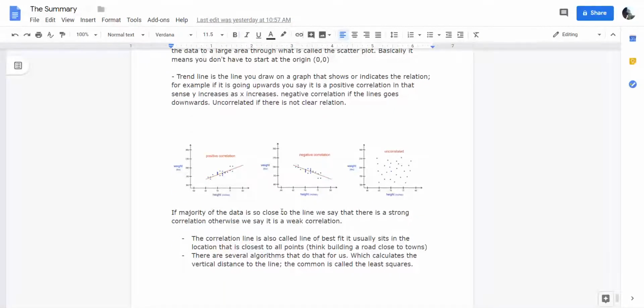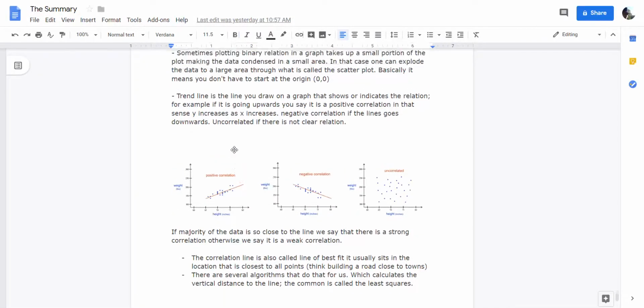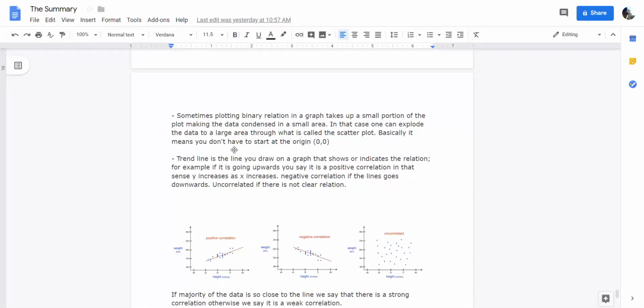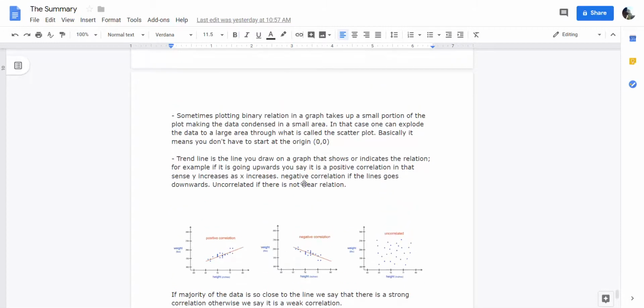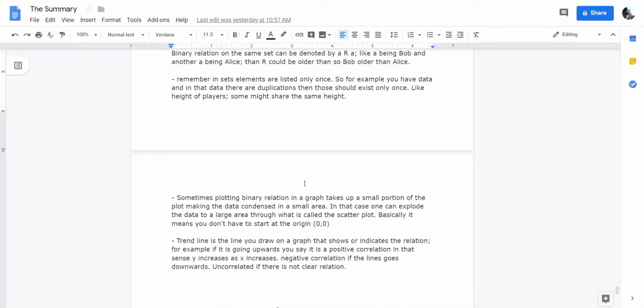And you can see here, this is what a scatter graph, a scatter plot, is all about. In the graphs you can see it's starting from 0 to 100, which are numbers that really expand on the data we have and really bring them out.